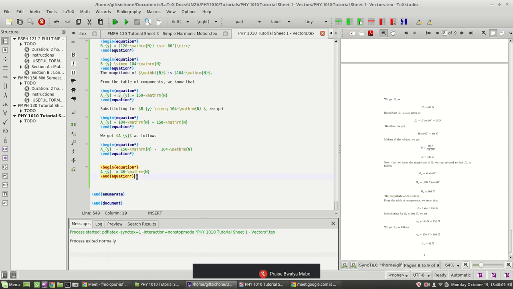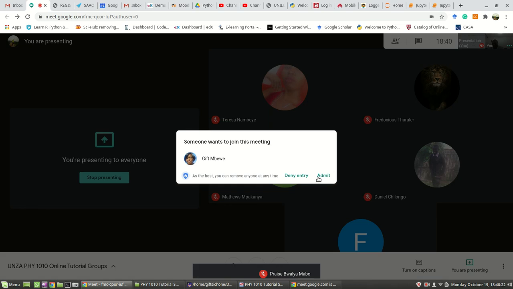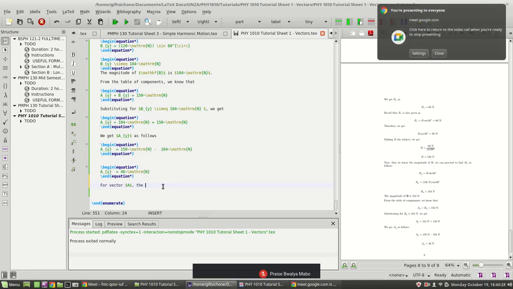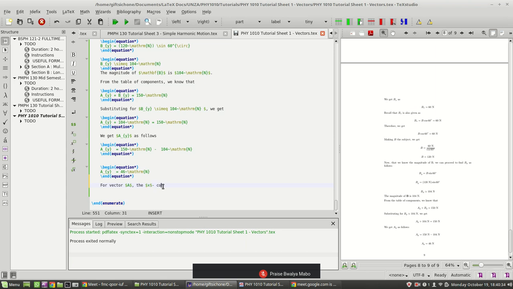So for vector A, the x component of A, which is Ax, is that.